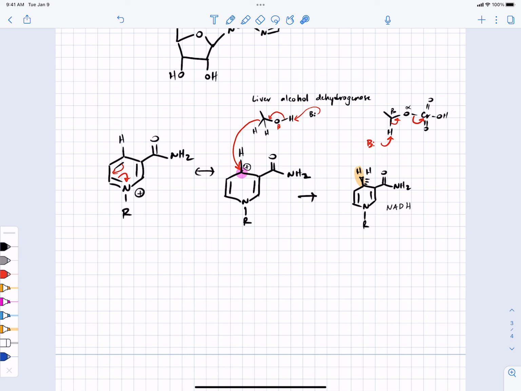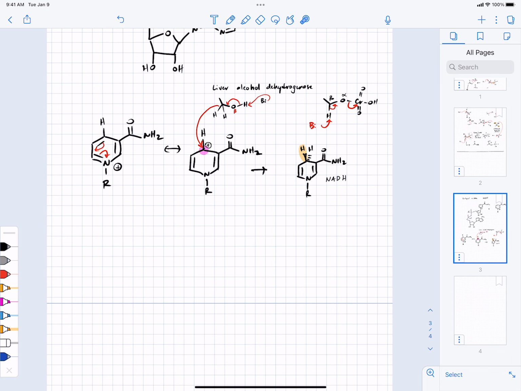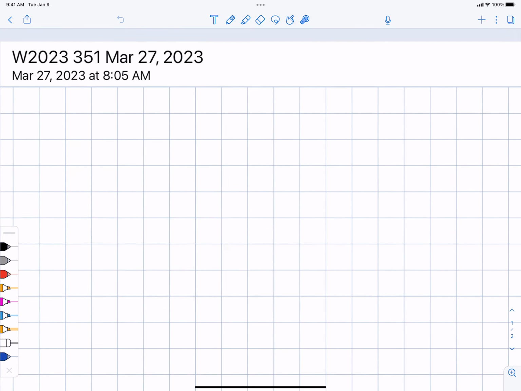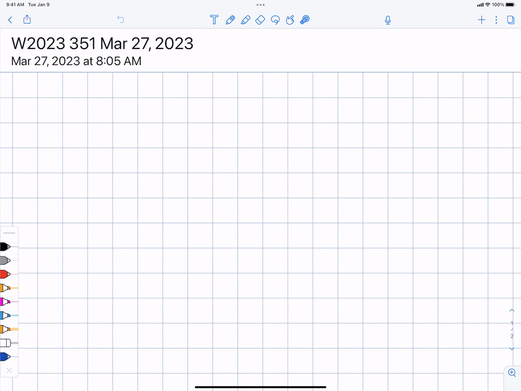Speaking of conjugation, chapter 22 is all about resonance, conjugation, and dienes. So some of this is going to be a needed review. Which means you can sit back, relax, and then if you don't know what I'm talking about, start to feel uncomfortable, I guess. All right, so what's resonance? Never quite sure, right?